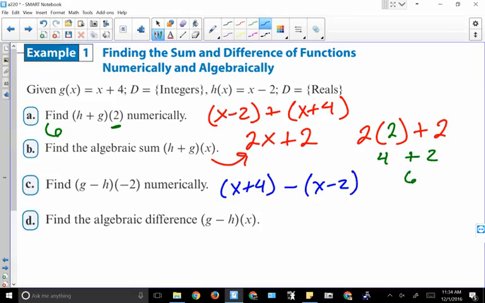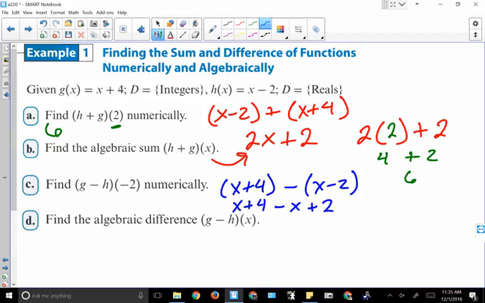Now, one of the things that you're going to have to remember here is when you have a negative out in front of a parenthesis, it makes everything negative, right? So if you want, this would look like x plus 4 minus x plus 2. Negative goes here, negative goes over here. So what is x minus x?